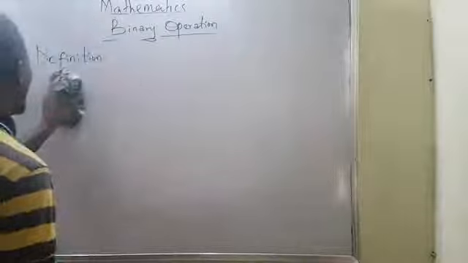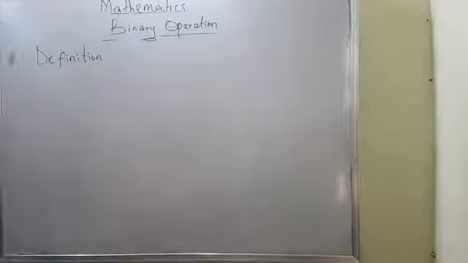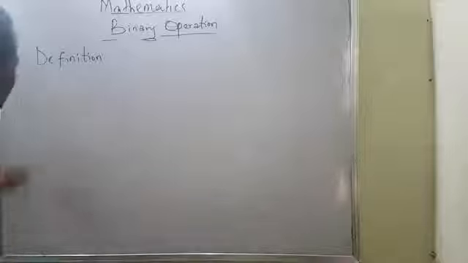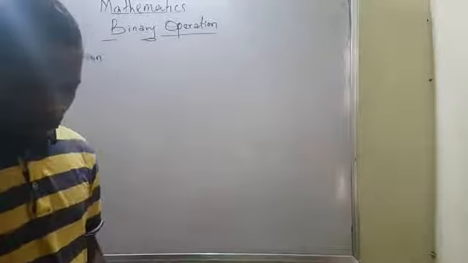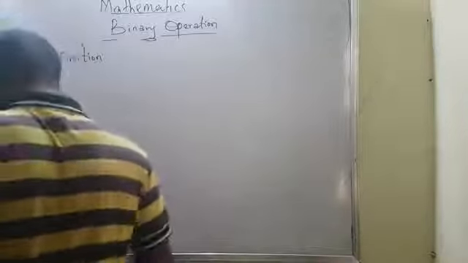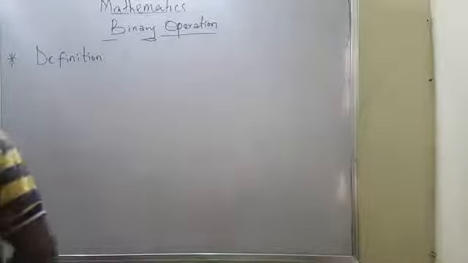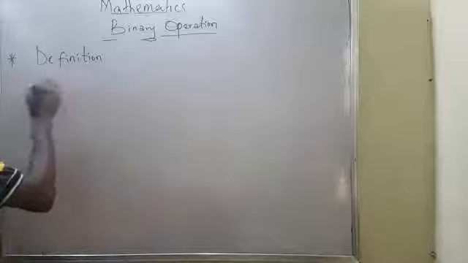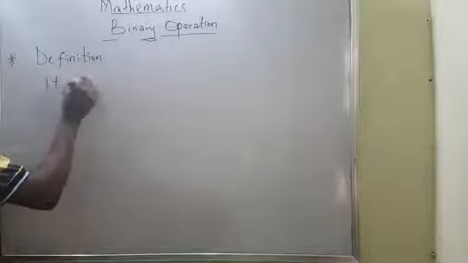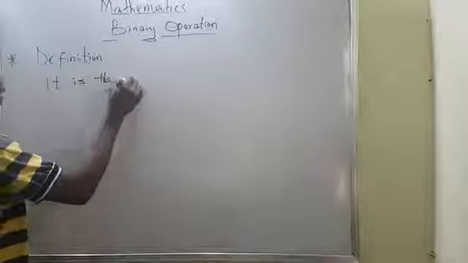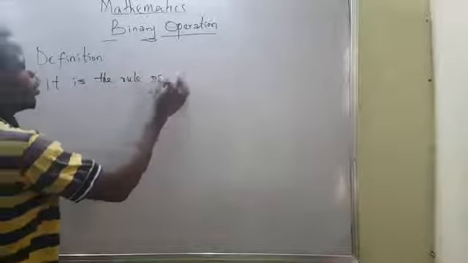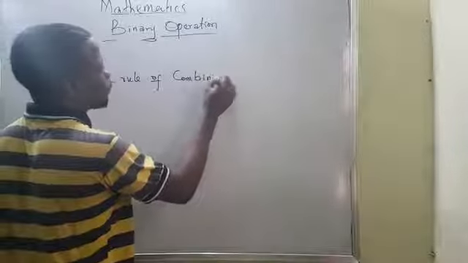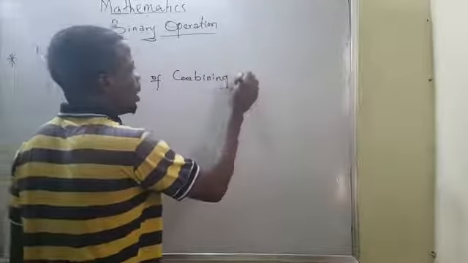How do we define binary operation? How is it defined? When you have a binary operation, it's as simple as this: it is the rule of combining elements.